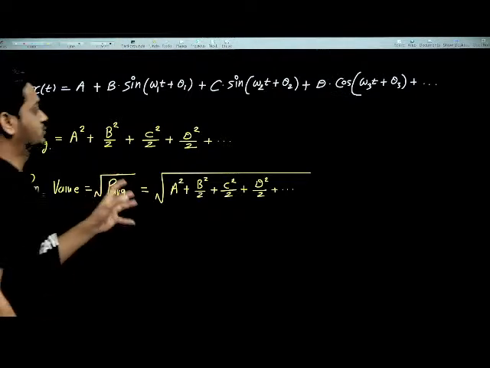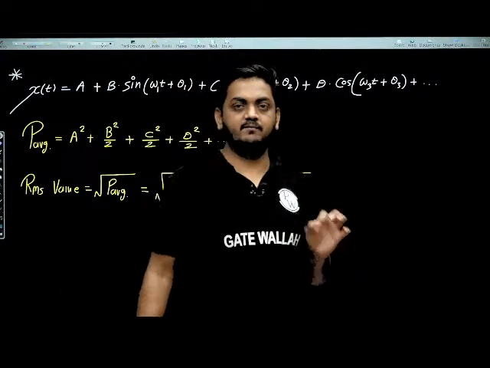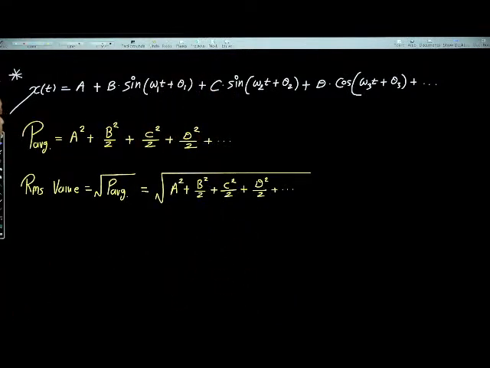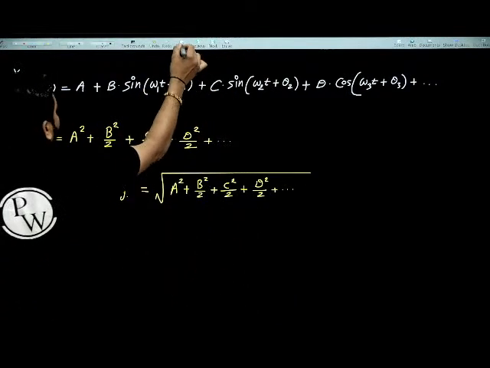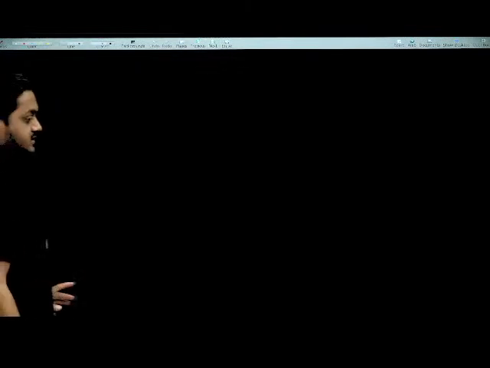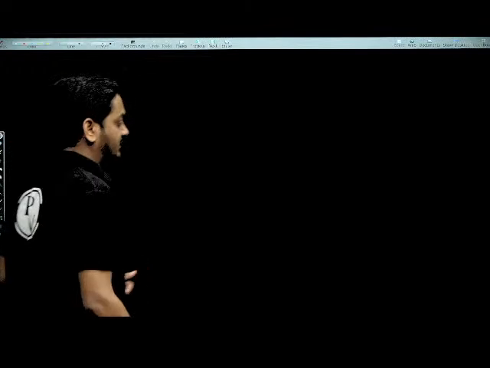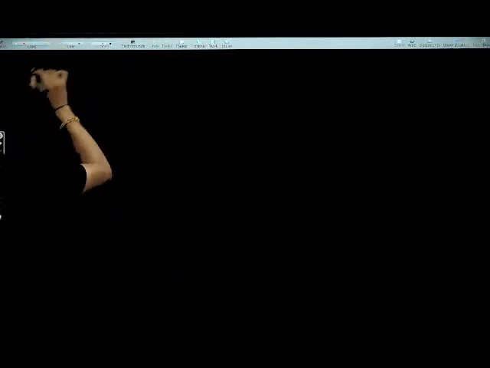So the condition is different frequency sinusoidal signals, then you can add the power. Now same frequency guys, but without additional phase angle.